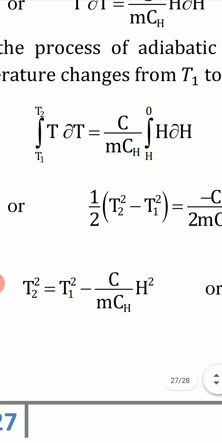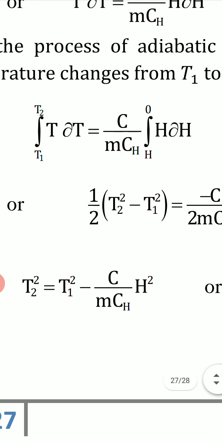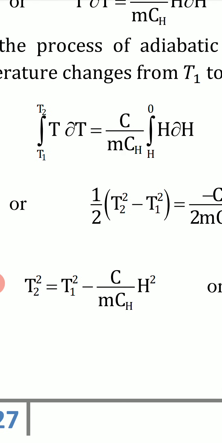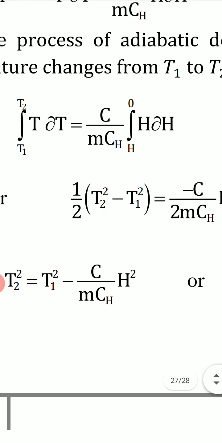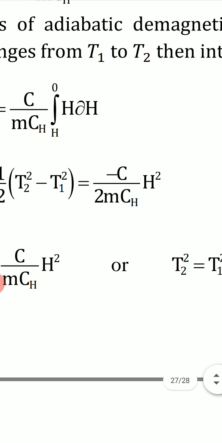If we integrate, then integral T dT gives T square upon 2, and with this limit it becomes 1 upon 2, T2 square minus T1 square. On the right hand side we have C upon m C_H, and integral H dH becomes H square upon 2.